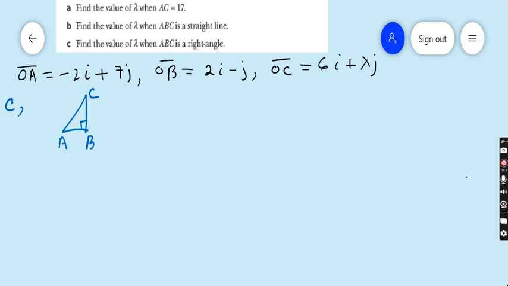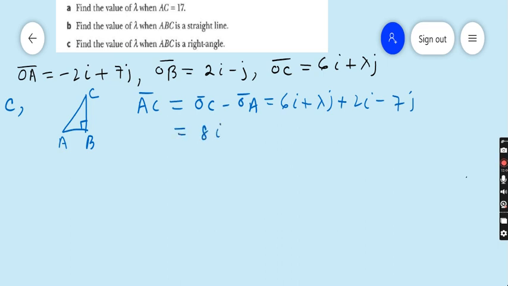So first we have to find all three vectors, that is AB, BC and AC. So first we have to find AC. AC is equal to OC minus OA. OC is 6i plus lambda j, minus OA is minus minus plus 2i minus 7j. 6i plus 2i is 8i, taking j common, it is lambda minus 7.